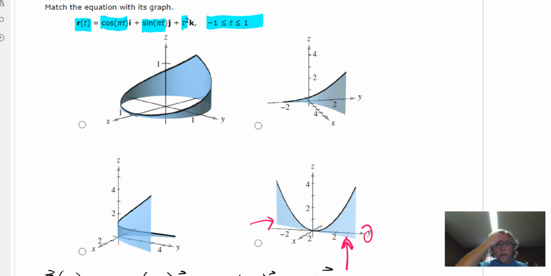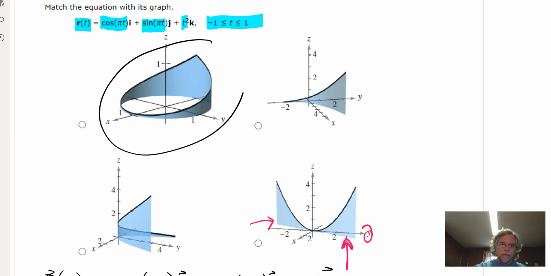Okay. Now that's important, but what's the answer to the question? There's only one that projects onto a circle in the xy plane, right? So based on the projection we just calculated, we can conclude it's this one.